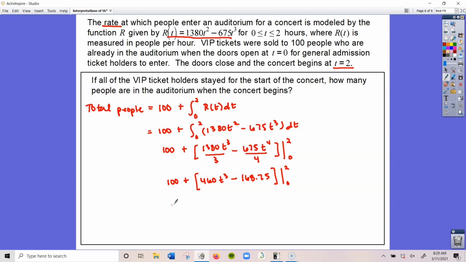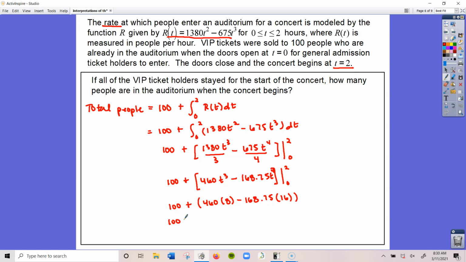So now we plug in the 2, so 100 plus 460 times 2 to the third, which is 8. Oops, I forgot the t to the fourth here. Minus 168.75 times 2 to the fourth, which is 16. Then if I plug in 0, everything would just be 0 anyway. So it's just basically this value.